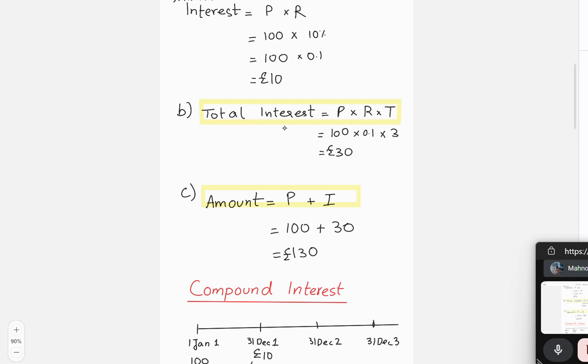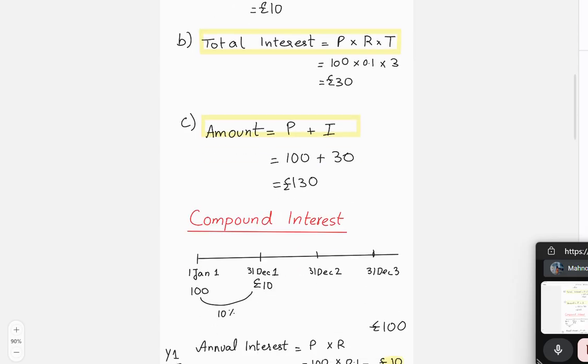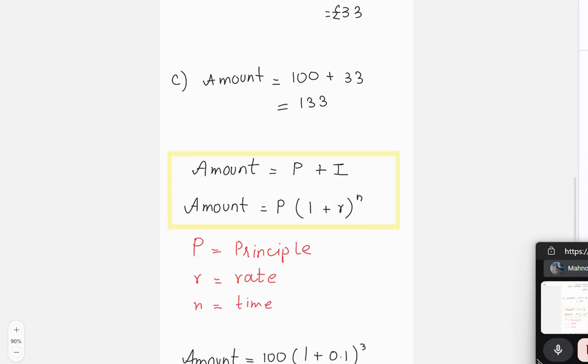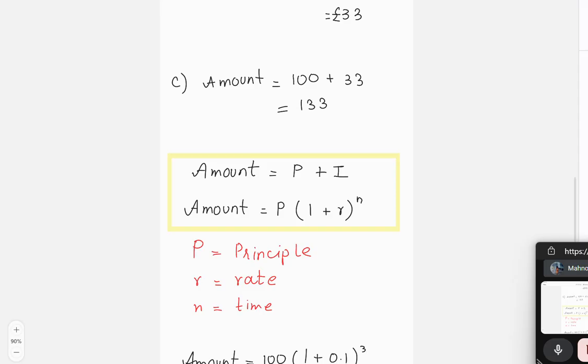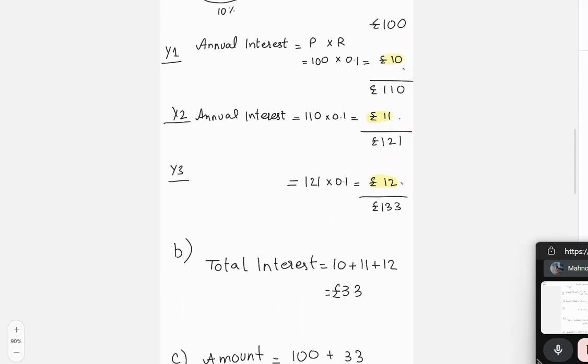The formula for interest is just different. The formula for amount is same. And there's one extra formula in compound interest right here. So you will have to use this method only when you have to work out the interest. And you have to work out the interest individually in compound interest.